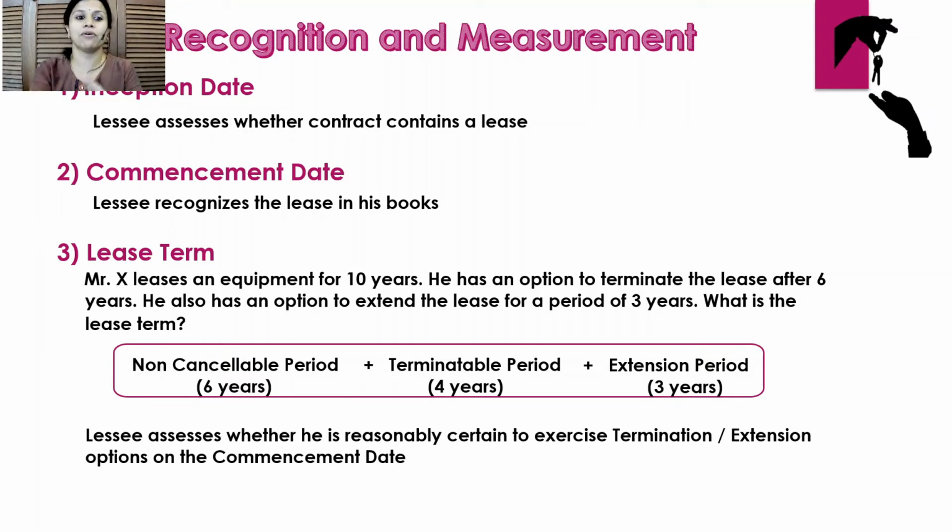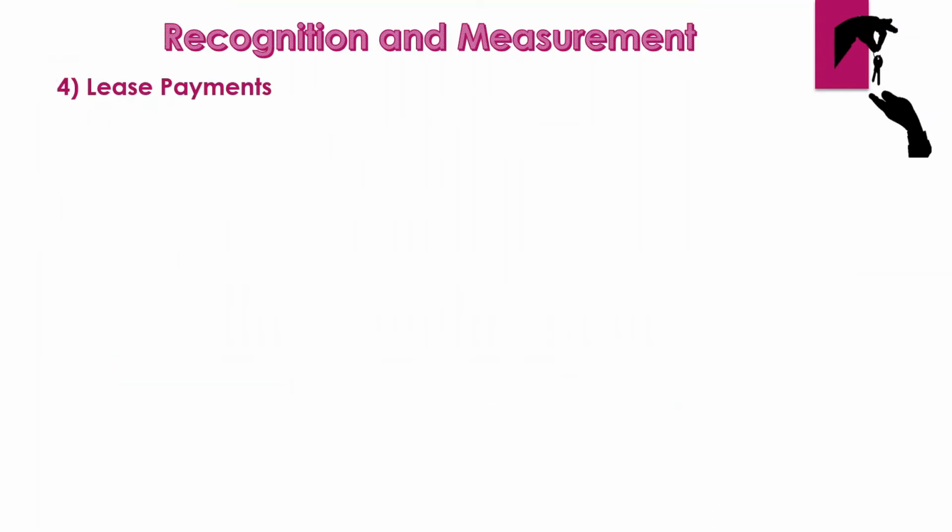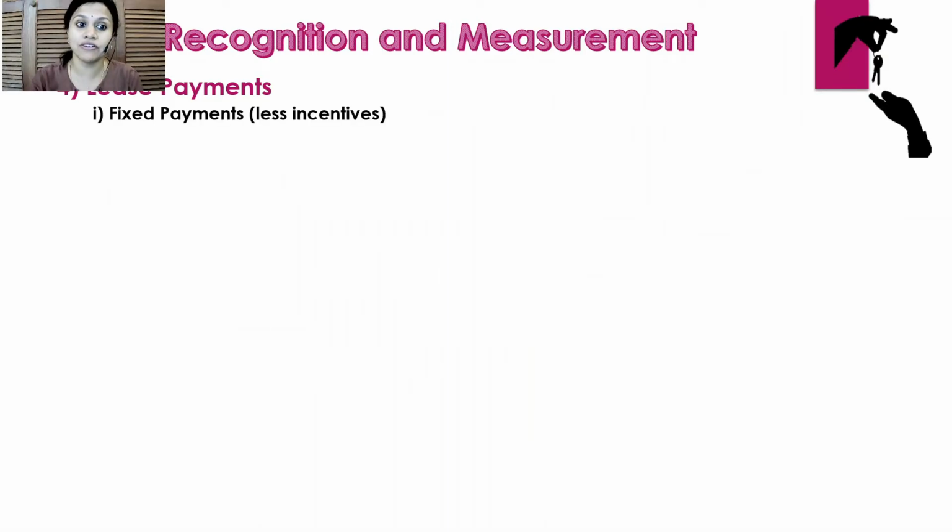Right? Now we go on to the next concept, and that is lease payments. So these are the payments that the lessee makes to the lessor in return for the right to use the asset over the lease term. What are the components of lease payments? The first one is fixed payments less incentives.